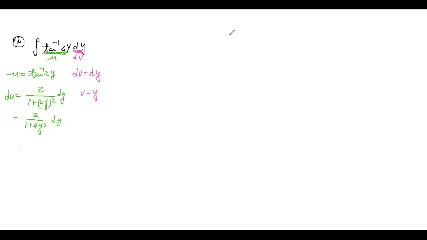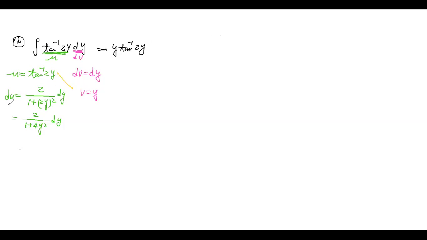Okay, so now I know how to write it, right? This will be equal to uv, so uv is y arctangent 2y, right? Then minus the integral of v du, right?